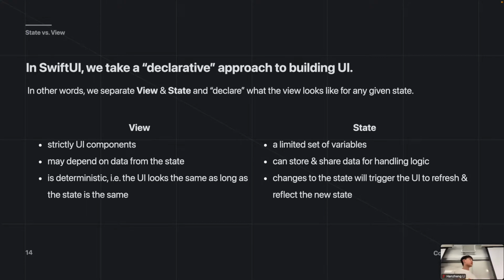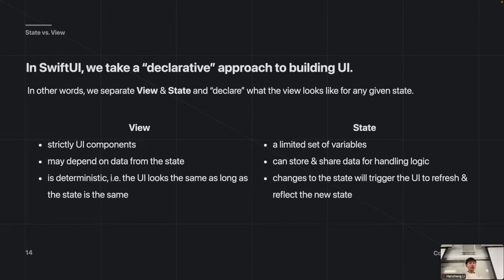And since the inputs are limited to a certain set of variables, you can have very expected behavior for your UI, right? You can really factor out a lot of bugs that end up happening if, for example, in UIKit, you miss a single line, right, your button may look super out of whack. And this helps us avoid that.